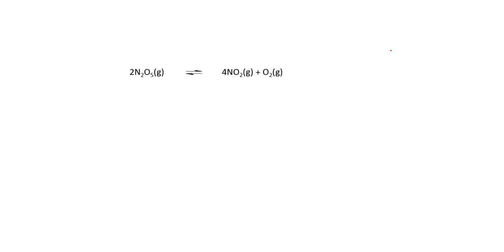So an example is this reaction that we have here: dinitrogen pentoxide to form nitrogen dioxide and oxygen. So if you want to talk about this reaction as reversible, we can say that we have the forward reaction.